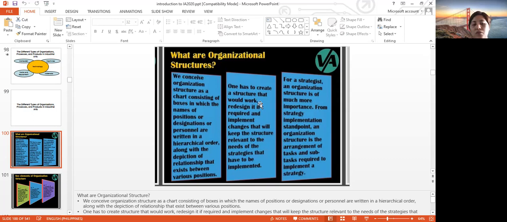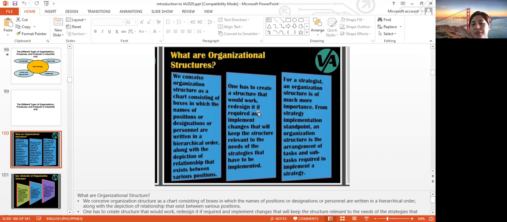That will also lead us to the success of the organization. If the structure is not effective, then there is a need to revisit the structure, to redesign the structure.